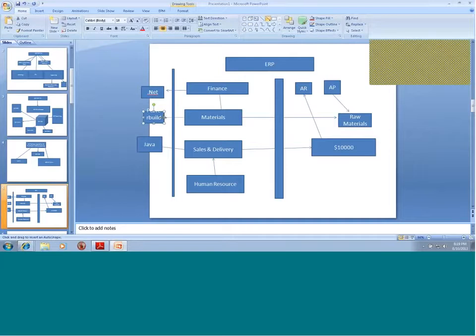If you look at it, right now my organization is actually using 3 different applications to control the different departments in my organization. So finance is using a .NET application, material management is using Power Builder, sales and delivery is using a tool called Java. With tools being across the board, imagine how the integration is going to happen.